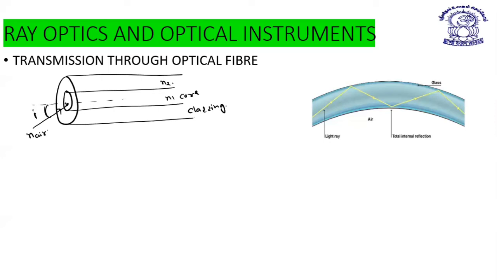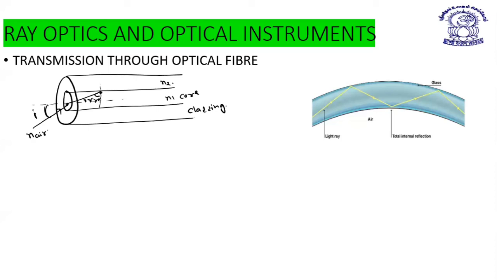At this point, light is traveling from air to core, so it will refract. It will move towards the normal as it is moving from rarer to denser medium. This is angle of refraction R. On the surface separating core and cladding, light is incident at an angle R dash.